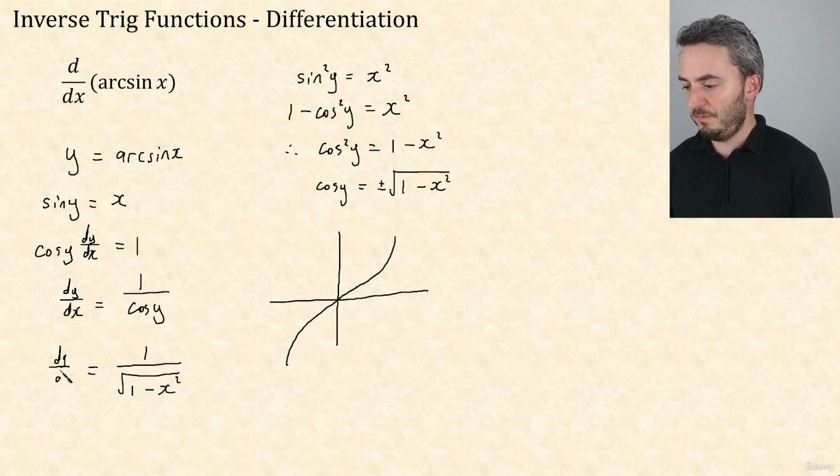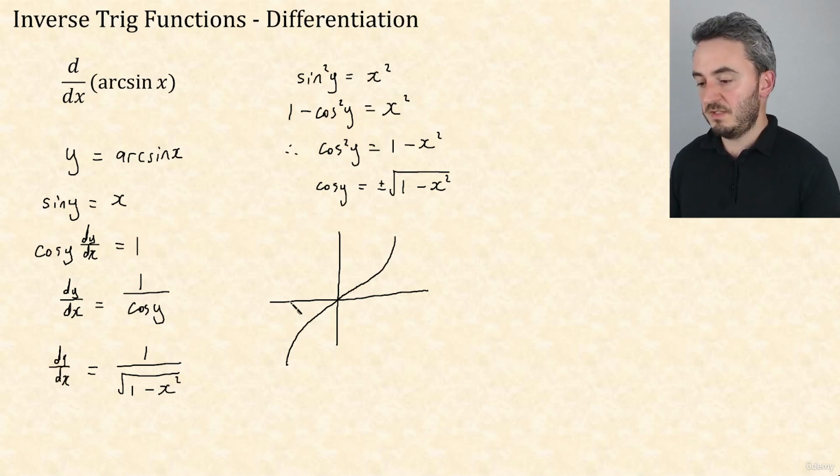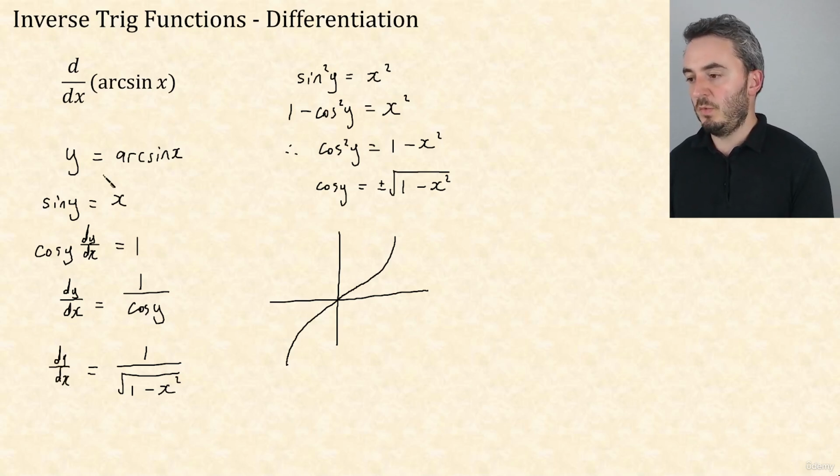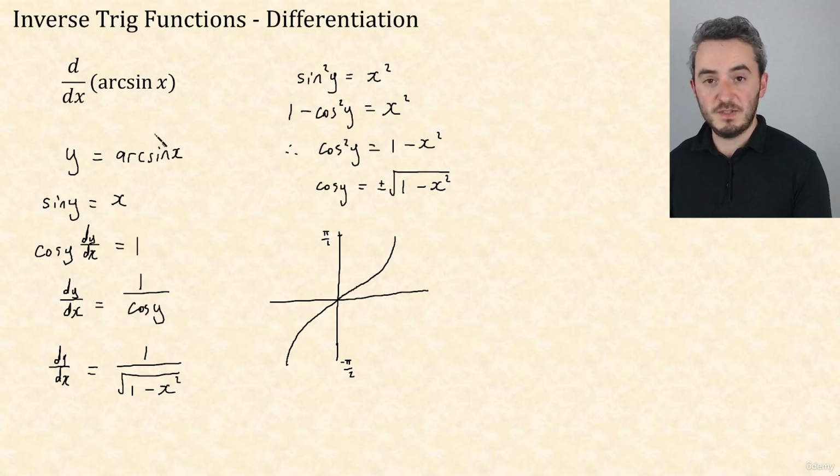Now, that's fine. Another way to think about it is to ask, what can we say about y? The y values in question are between pi over 2 and minus pi over 2. That's just the y values of the arcsine graph. What can we say about cos of any values between minus pi over 2 and pi over 2?